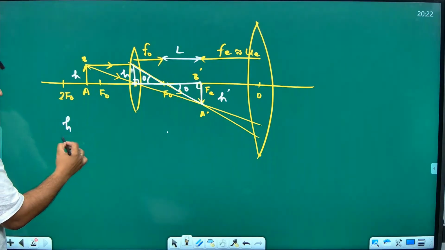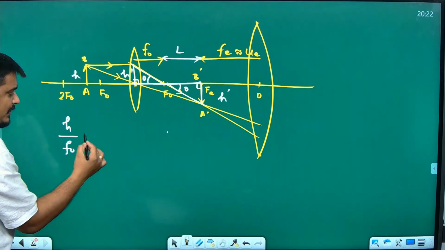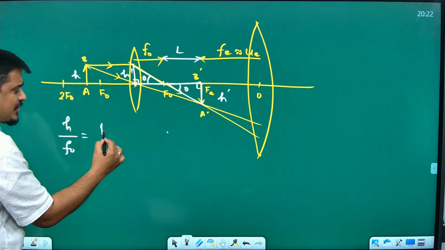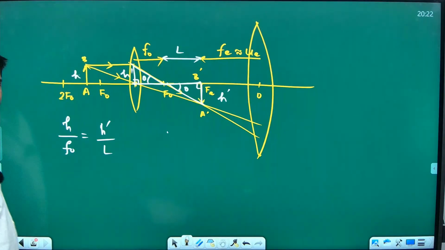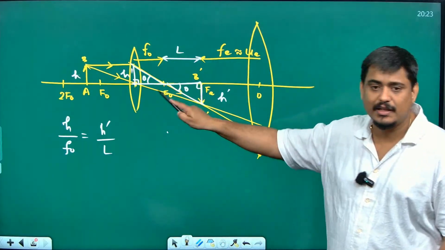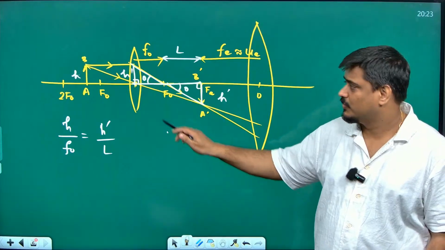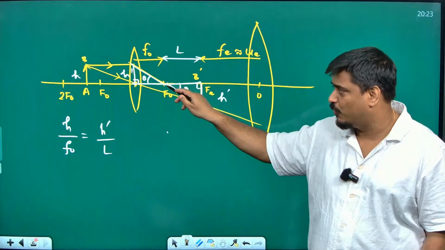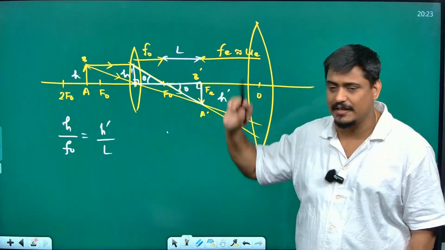So h by FO is equal to h dash by L. If these two triangles are similar, their corresponding ratios will be the same. So h by this, that is FO, is equal to h dash by this, which is L.